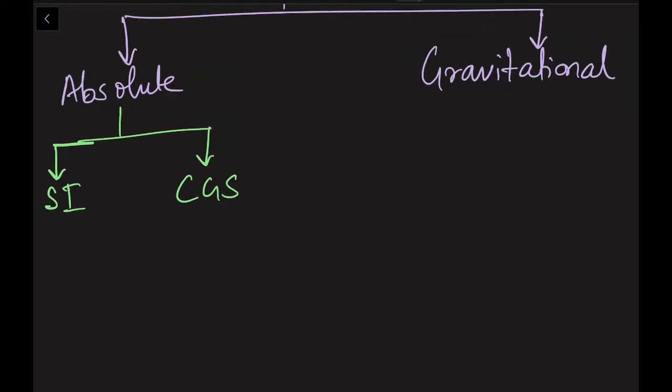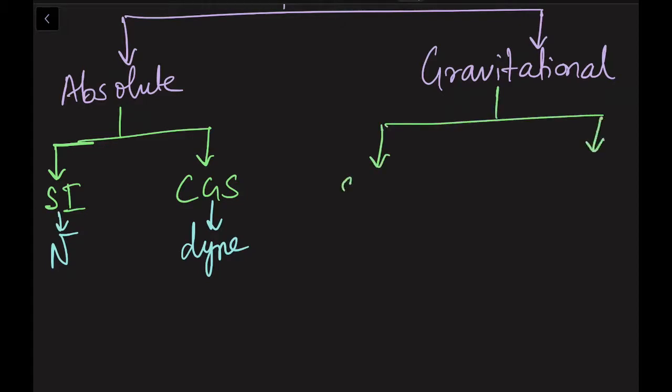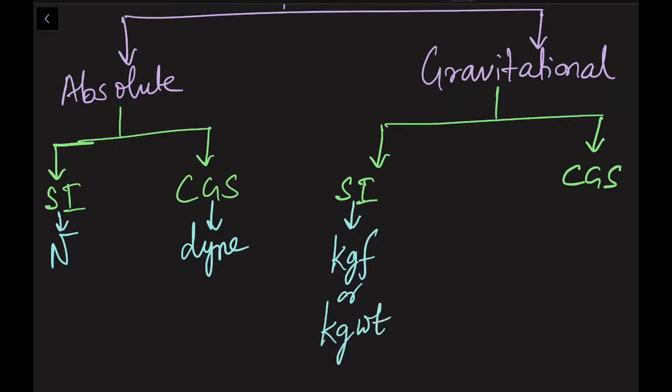SI unit of force under absolute is Newton and CGS unit is Dyne. Now here in gravitational unit, once again we have SI unit and CGS unit. The SI unit is kg force, sometimes also called kg weight, and CGS unit is gram force or gram weight.